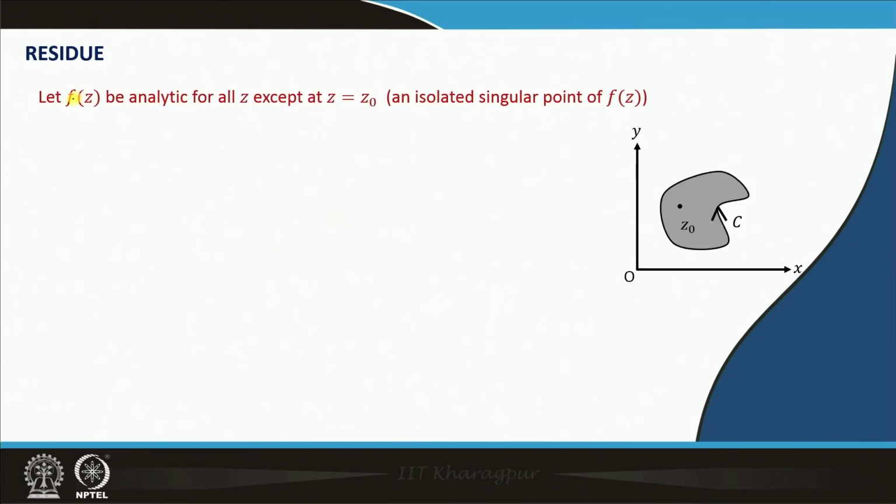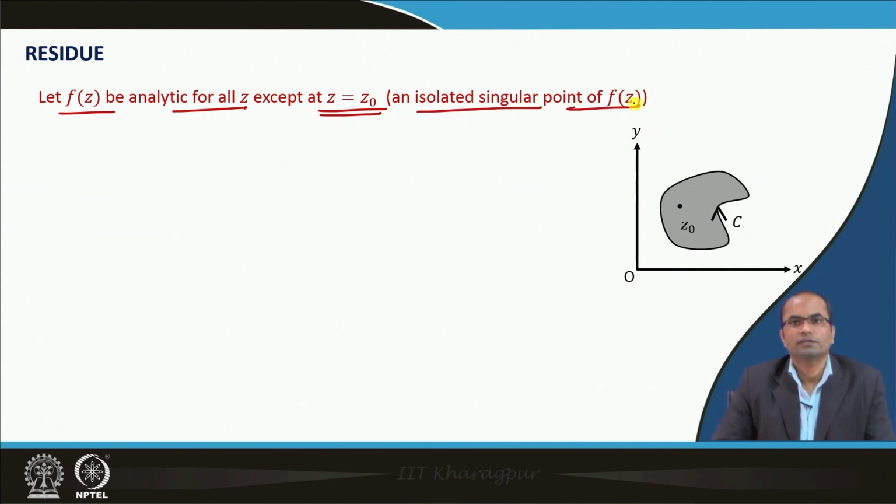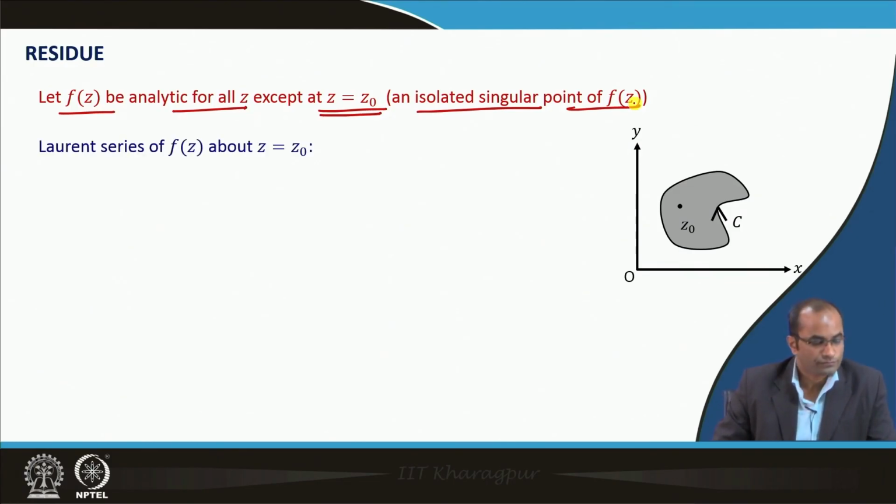Suppose f(z) is a function which is analytic for all z except z equal to z naught, which is an isolated singular point of f(z). In the previous two chapters we discussed singular points and also the expansion, in particular the Laurent series expansion, which will be very useful to discuss this residue now.